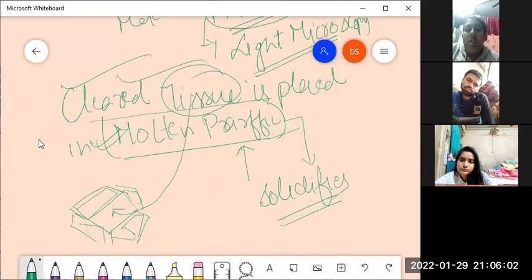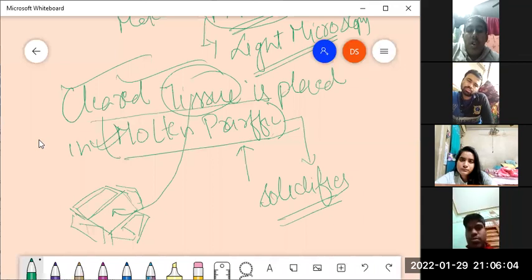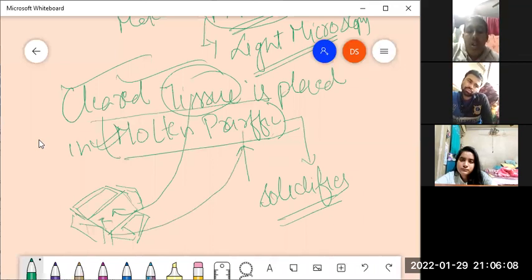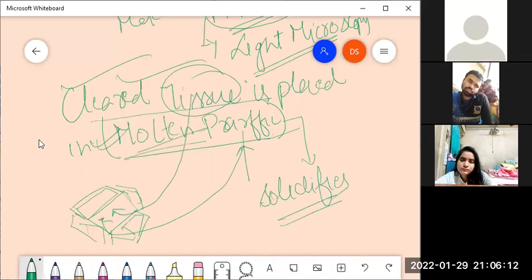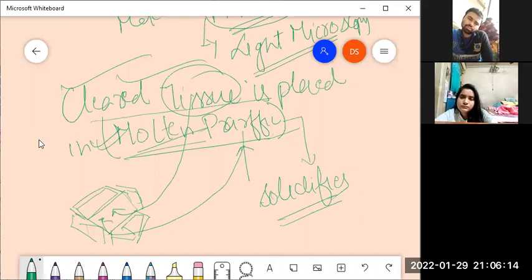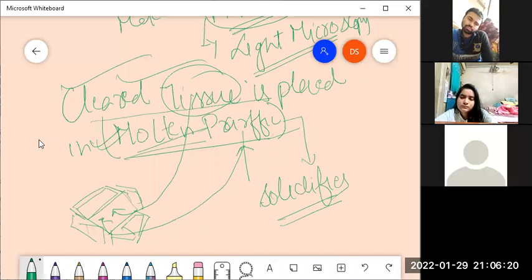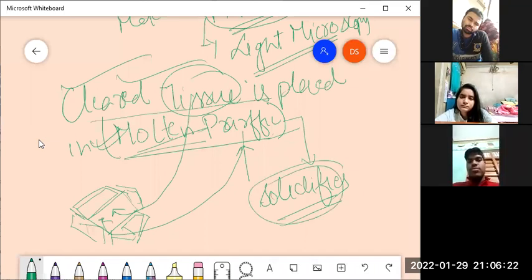After putting the tissue into the hollow box, put paraffin there. Which paraffin? The molten paraffin. So if you're putting the molten paraffin in the hollow box, leave it aside. So the molten paraffin now solidifies. Once it solidifies, these plates can now be removed.